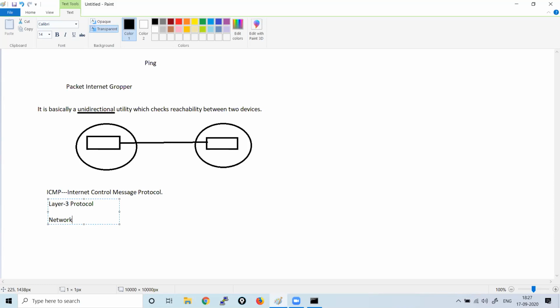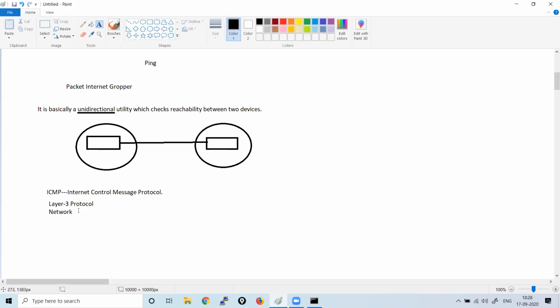Everything will revolve around the layers only. If you are perfect with the layers, any advanced concept can be understood very easily. Please be sure with the layers, read them, and try to remember them. Now, the network layer protocol is ICMP.